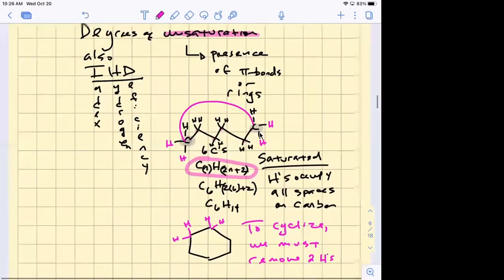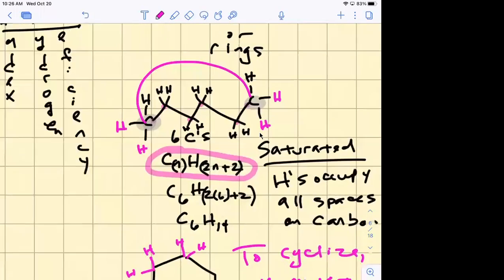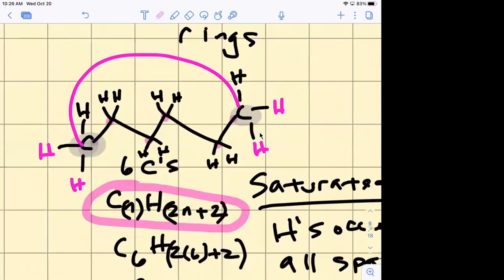So if I want to cyclize it, I need to take off a hydrogen on each one of those carbons.